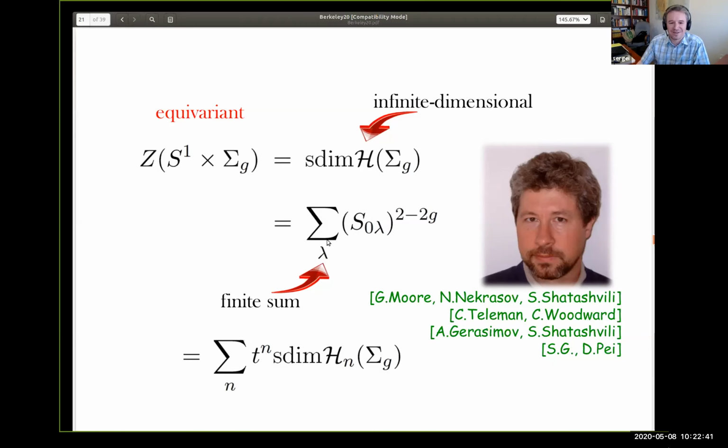So that's the important point. That summation here over lambda will be finite, and it will effectively behave as something with finitely many simple objects.